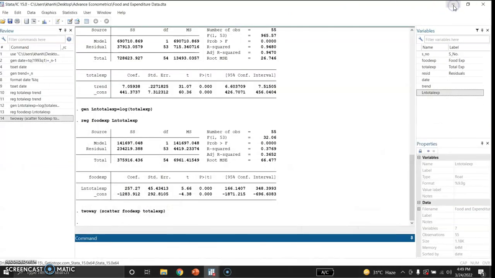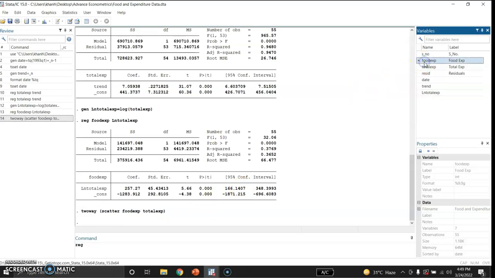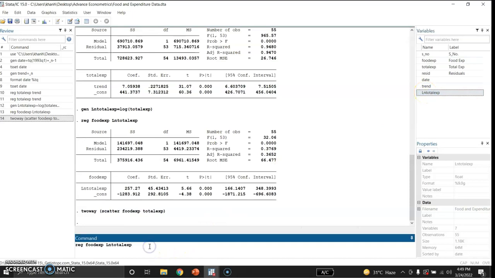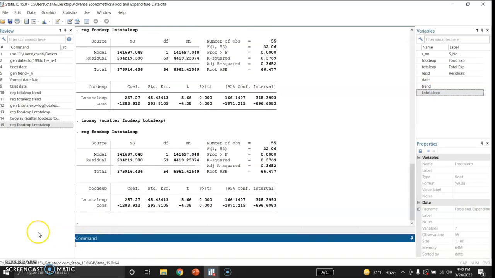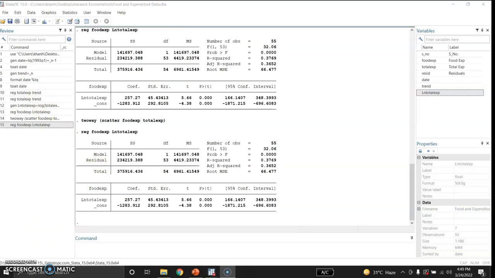So let me minimize this, and here I can regress food expenditure. This is my food expenditure variable, and I will regress this on the natural log of total expenditure, and here are my regression results. Now, as usual, this is the regression sum of squares, or explained sum of squares.